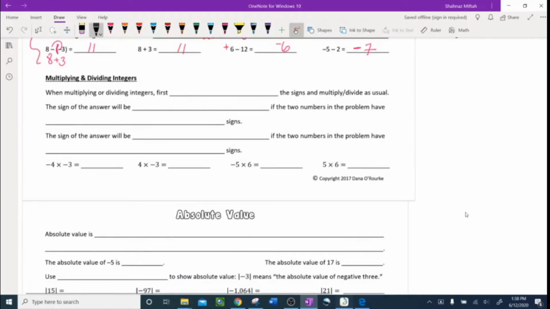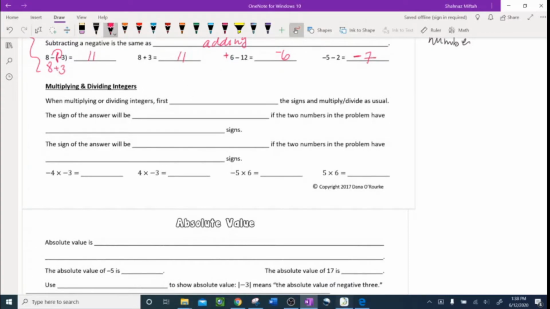Let's go back. Now we are doing multiplying and dividing integers. When multiplying or dividing, first ignore the signs and multiply or divide as usual.